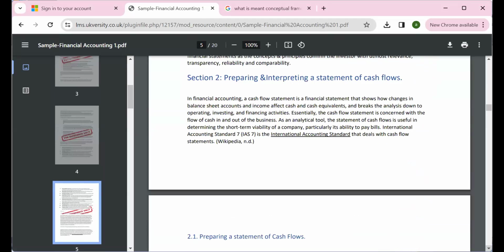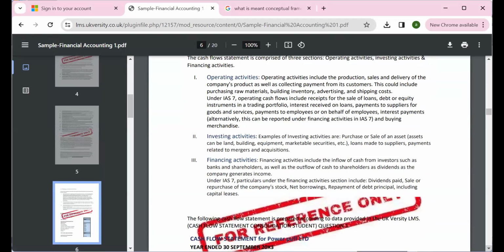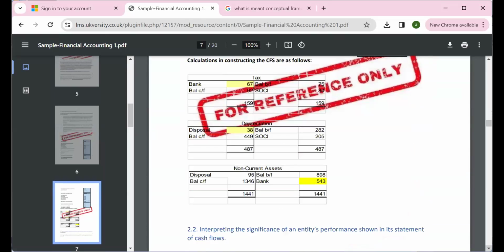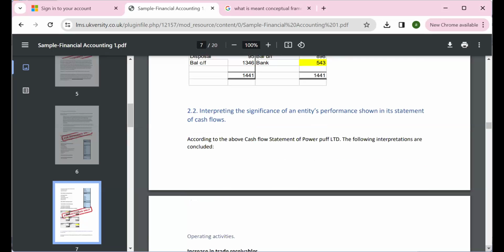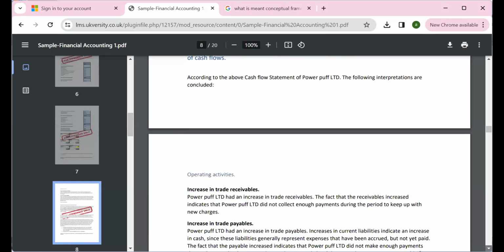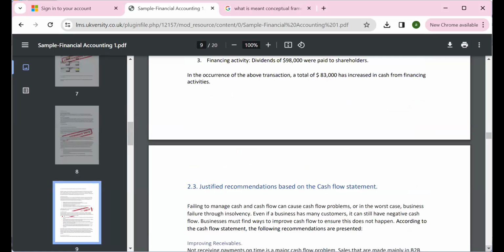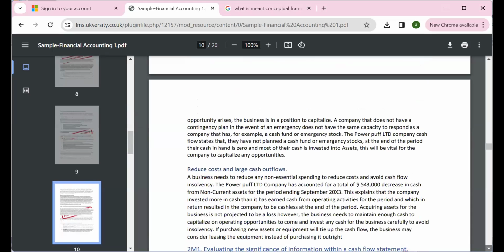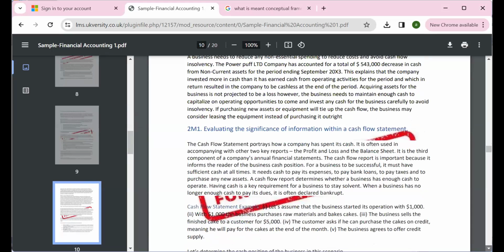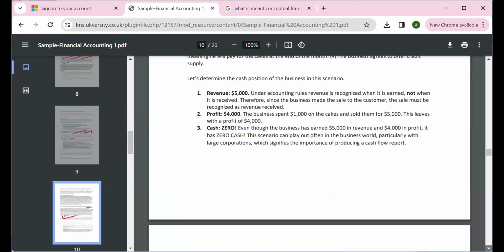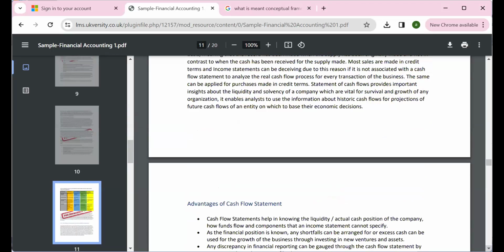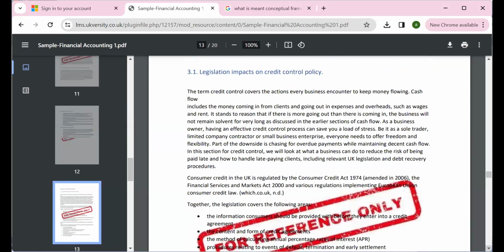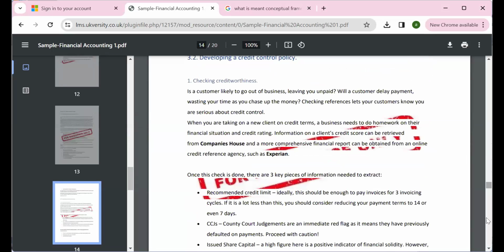Then of course cash flows, we can add an example, operating, investing, we showed the cash flows. We can pick an example from Yahoo Finance, any company of your choice, and explain them, interpret, justify and recommend what they can do for improving cash. Then we move to credit control, credit policy, legislation, all of which we discussed in lesson three. So please, just follow.